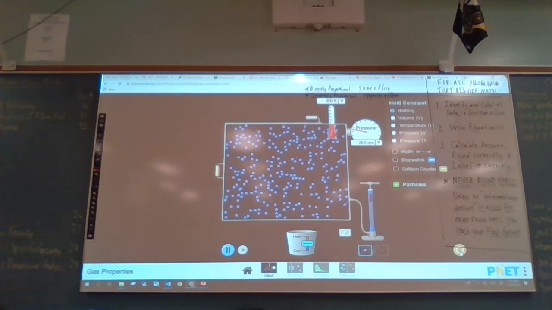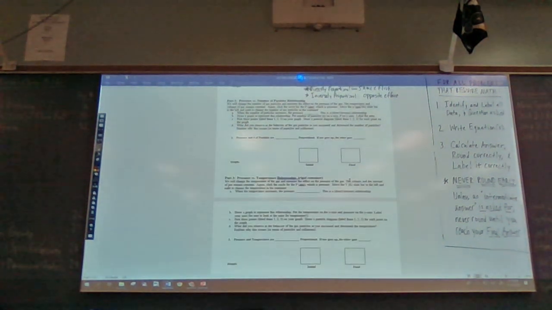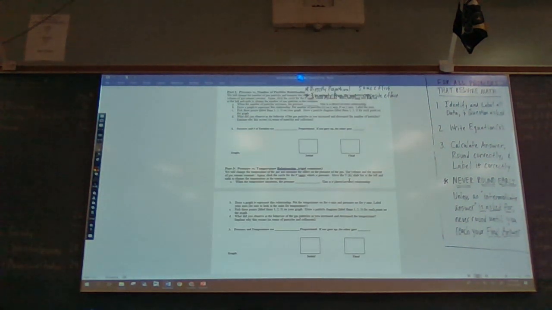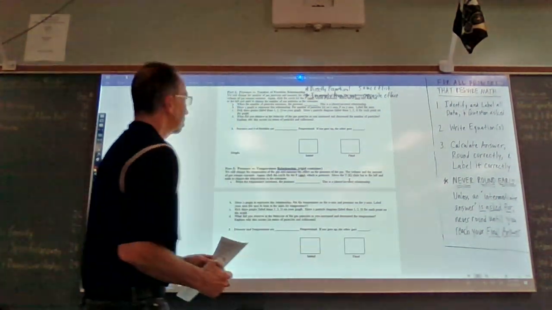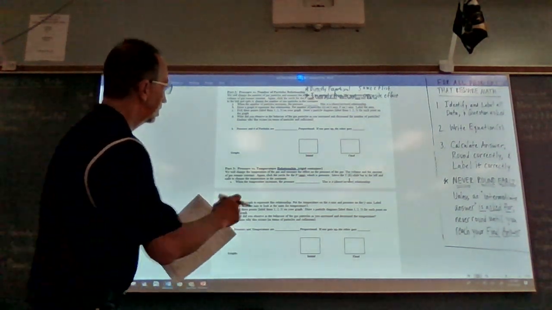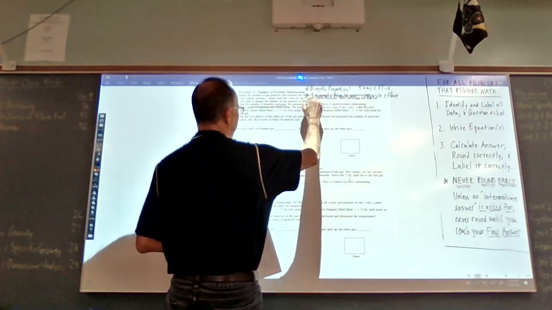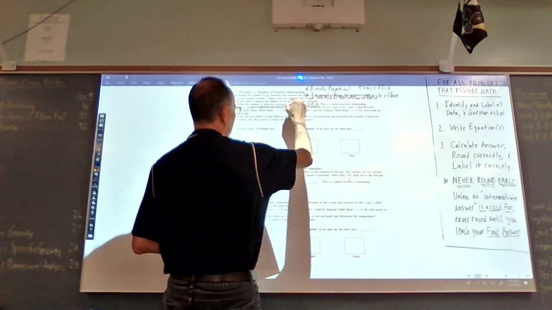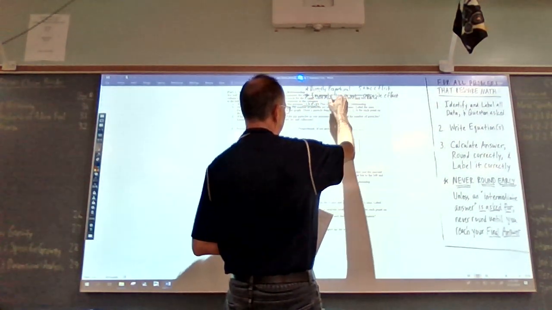All right, so I'll go ahead and clear that out. Let's pull our document back up here, and scroll down to number 2. So now we saw that when the number of particles increases, the pressure also increases. And of course, this then would be a direct relationship.